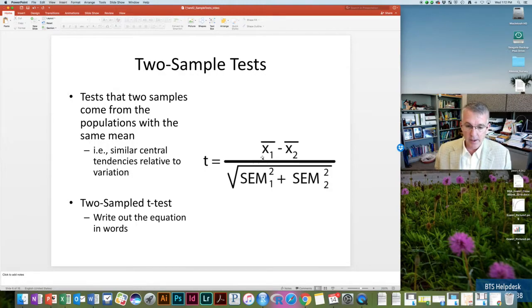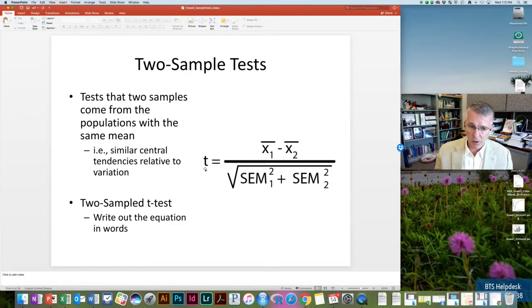In this case, we have the mean of our first sample minus the mean of our second sample. If x bar 1 is very tiny and x bar 2 is very large, that will make t large. If x bar 1 is very large and x bar 2 is very small, that will make t large. If they're about the same size, maybe they're both small, maybe they're both large, then that will make t small.